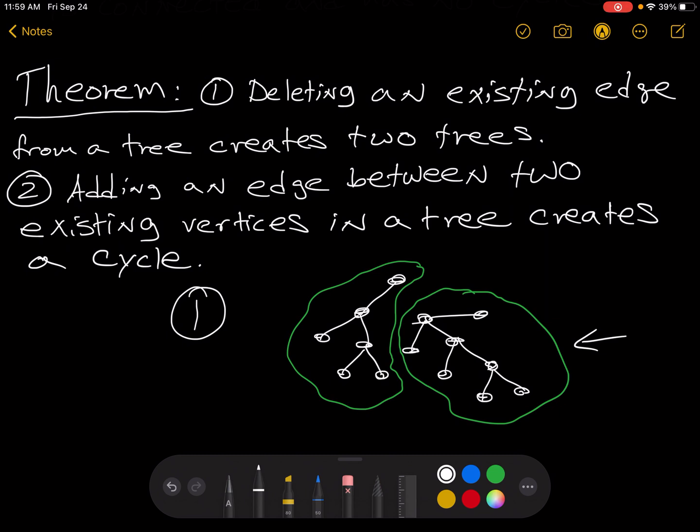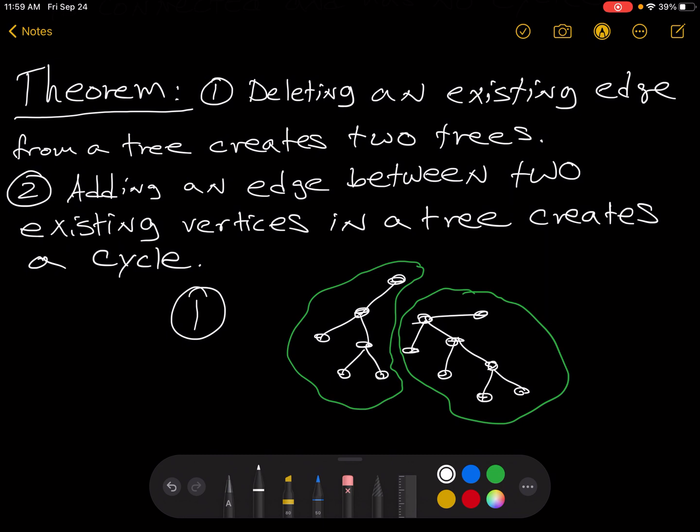Similarly for this one. If there was a cycle there, deleting the edge wouldn't have eliminated that cycle, and it wouldn't have been a tree to start with. It was connected already, with that edge before I deleted it, and each of these pieces is in fact still connected. So that's the idea with property 1.